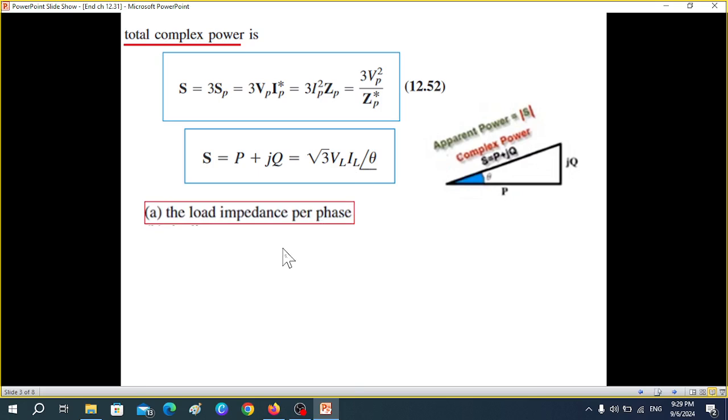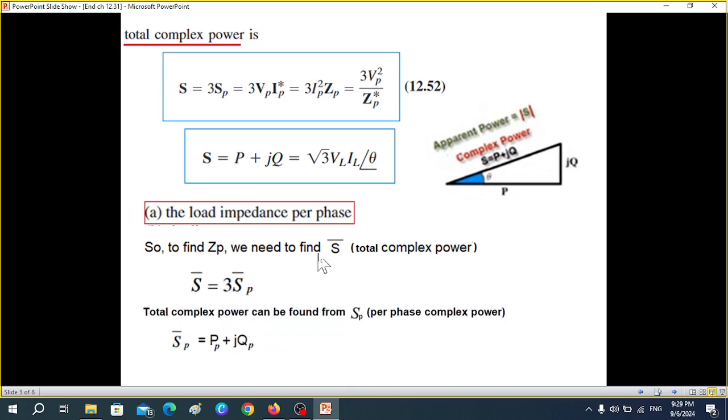So the first question is the load impedance per phase. Now, to find load impedance or Z per phase, we need to find S, that is the total complex power. While writing in the book, they have printed it bold, but while writing, we can just put a bar on top, so that will show that this is complex power. And we have also learned that the total complex power is 3 times the per phase complex power.